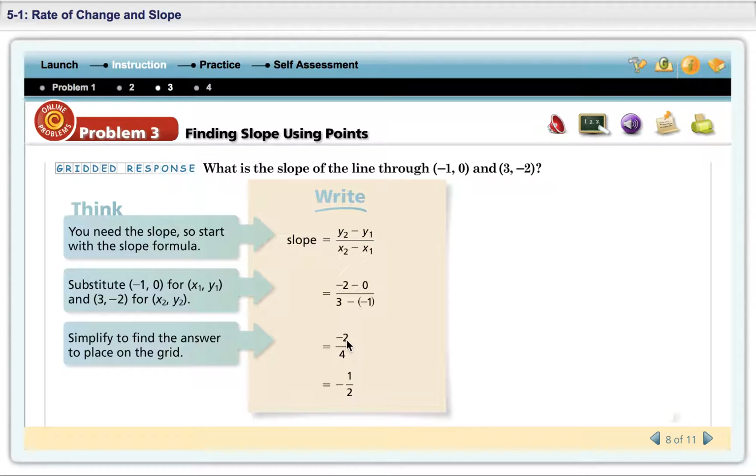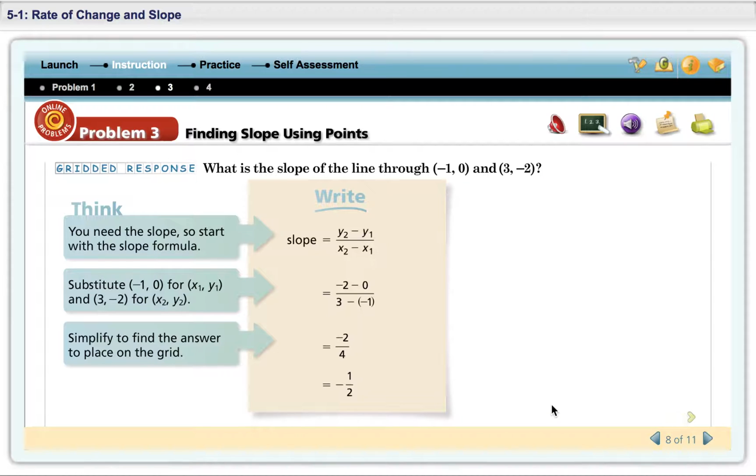See how that negative 2 is on top, and then they have the negative here? Just make sure you know that negative 2 over 4 can be negative 2 over positive 4, or it can be positive 2 over negative 4. That's kind of why they do it like this, because on a graph it doesn't matter. If I went down 1 and over 2, it's the same as if I went back 2 and up 1.